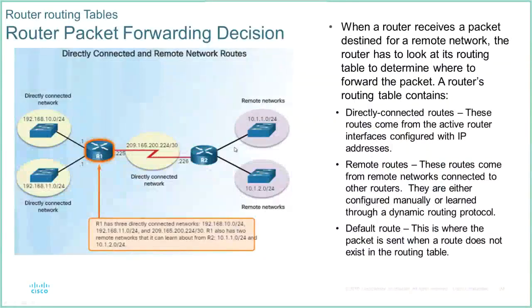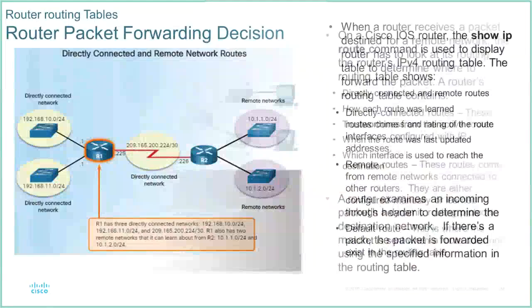So these are learnt routes going via another device. And then lastly, we have a default route where if it doesn't have any matching routes within its routing table, it will potentially send it out the default route. There's more rules around whether that will work or not, but we'll cover that in another chapter.